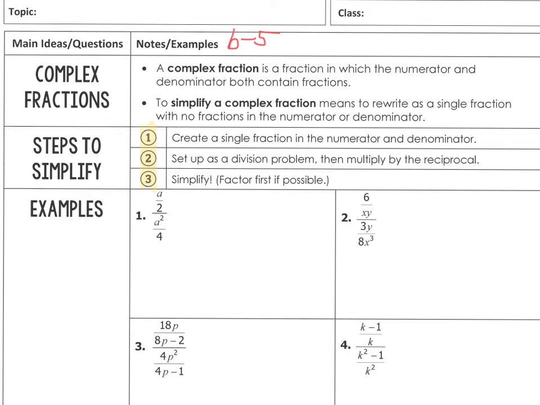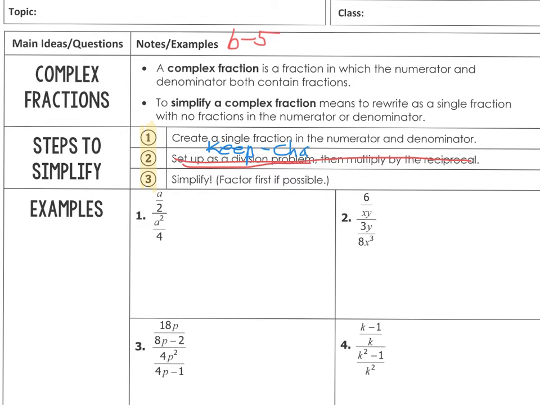So your steps to simplifying are going to be, as I said, create a single fraction in the numerator and a single fraction in the denominator. Then we're not really going to set it up as a division problem per se. I would probably change this to say keep, change, flip.